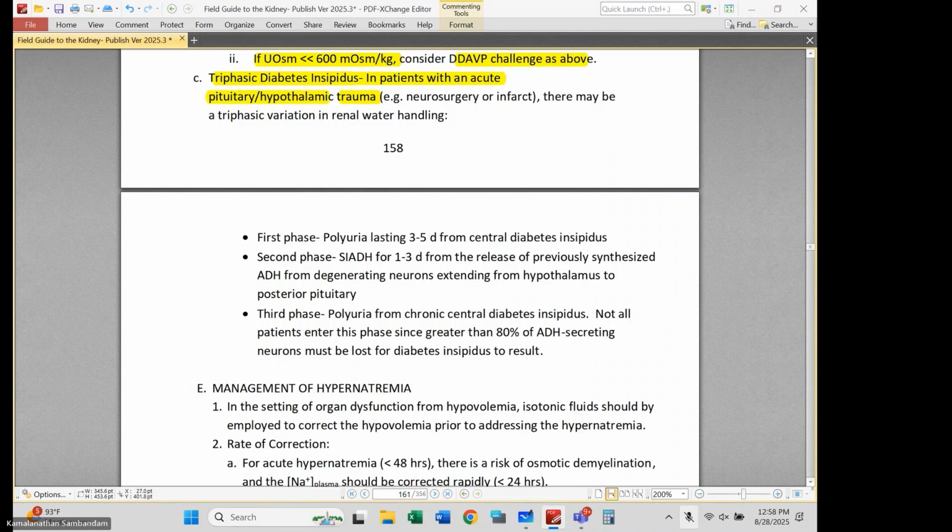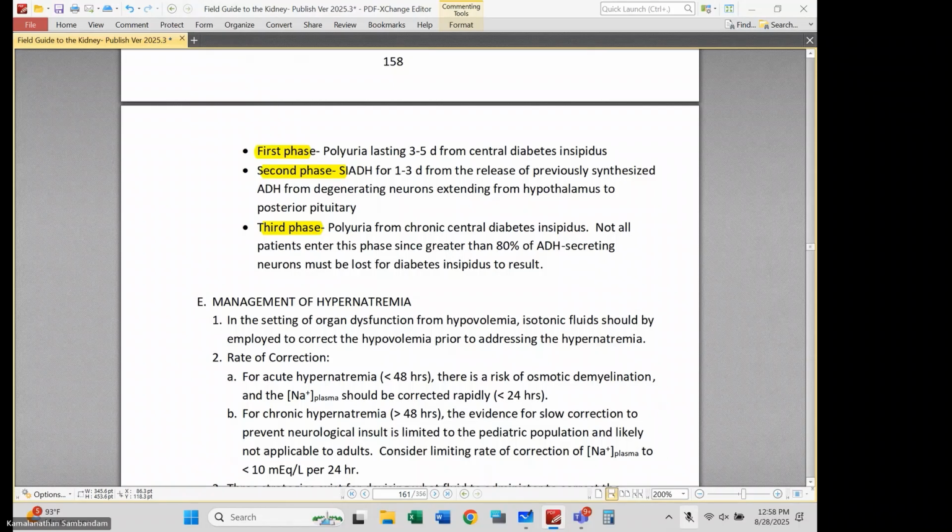So classic transsphenoidal parathyroid or pituitary adenoma resection would be a scenario in which you can get this triphasic diabetes insipidus syndrome. This is manifest in, as the name implies, 3 different phases. So first off, I have polyuria from this central diabetes insipidus, okay?